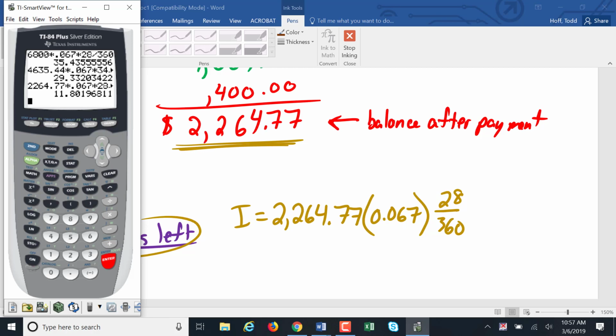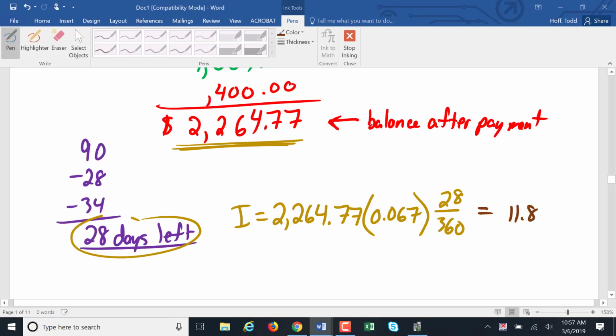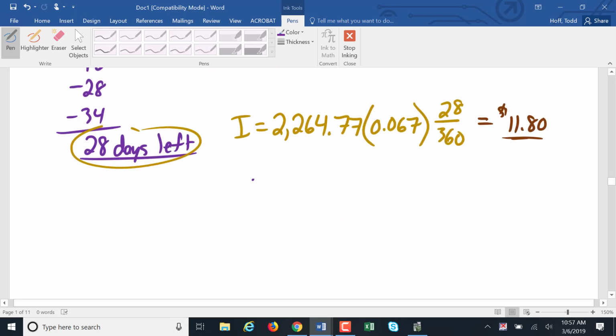So $11.80 interest. So we need to add that in. Our previous balance of $2,264.77 plus our interest of $11.80.